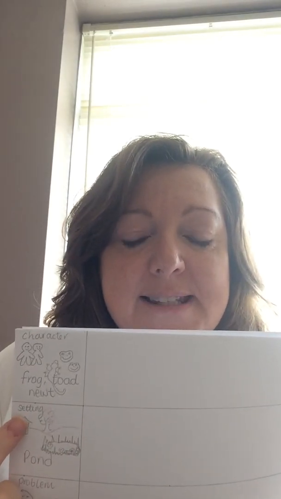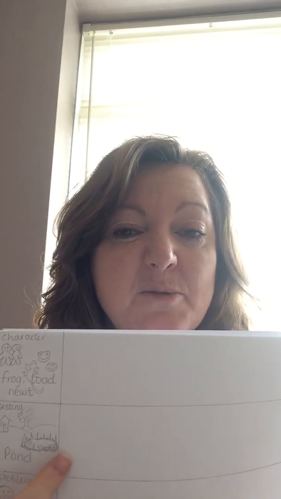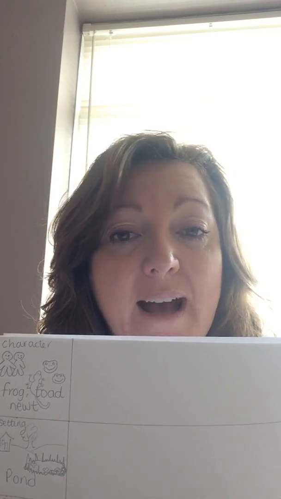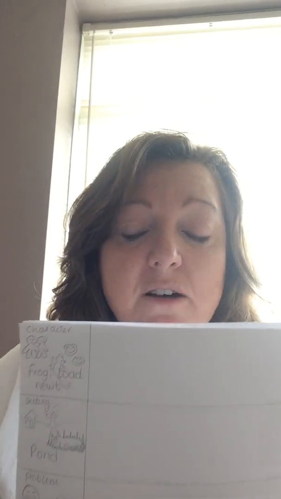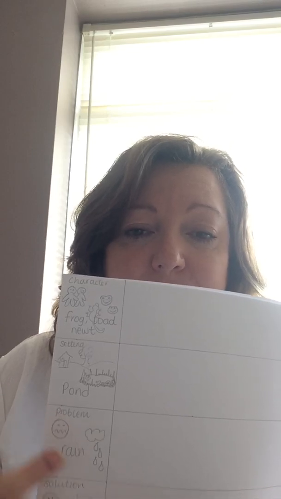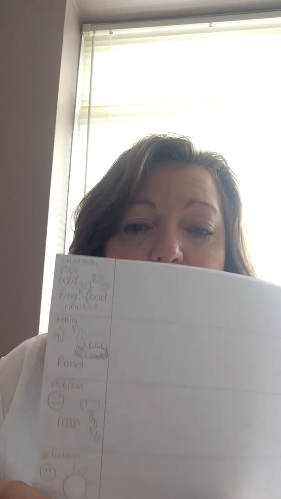And our setting is going to be a pond. You could make a pond out of material or out of paper, depending on what you've got. And then we've got our problem, and our problem is going to be rain. So we've got a rain cloud there with lots of droplets of rain.